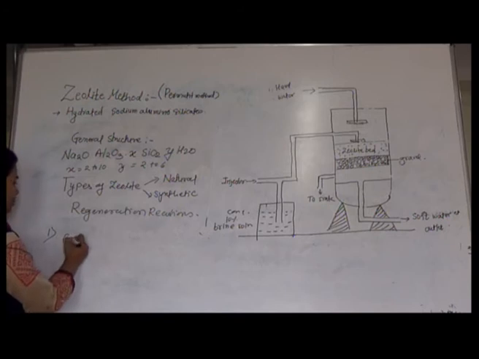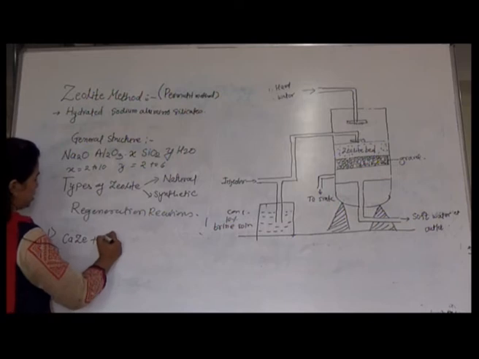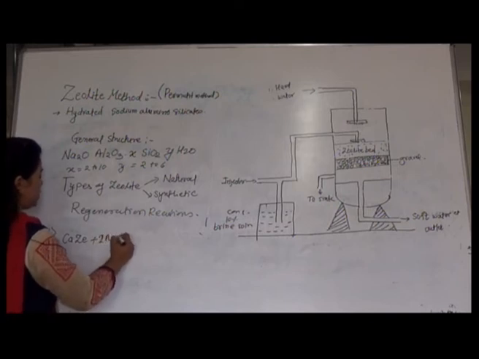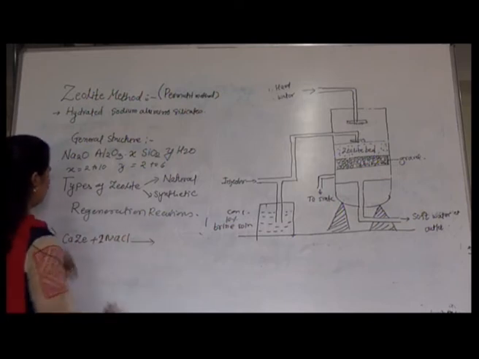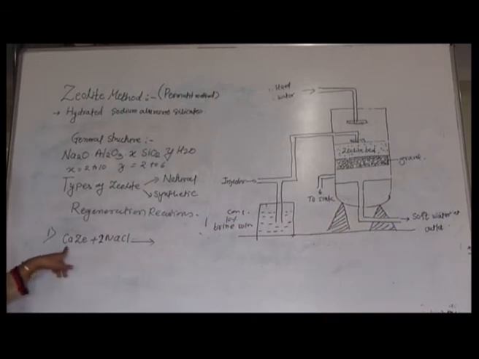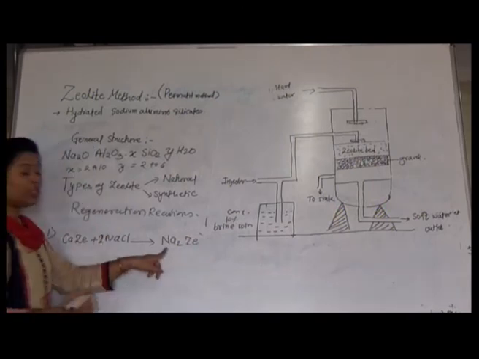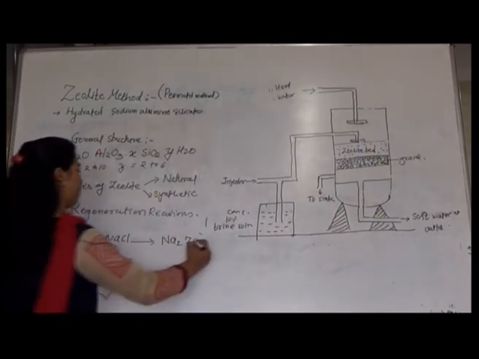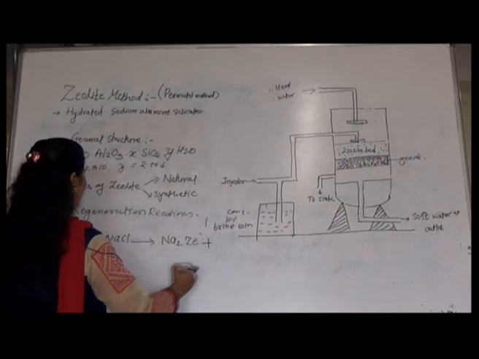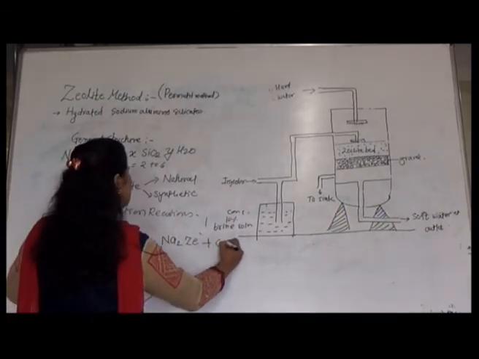So calcium zeolite plus twice NaCl solution forms Na2Ze, regenerated zeolite, plus CaCl2.